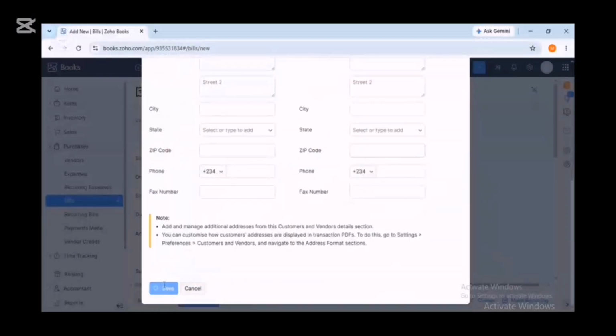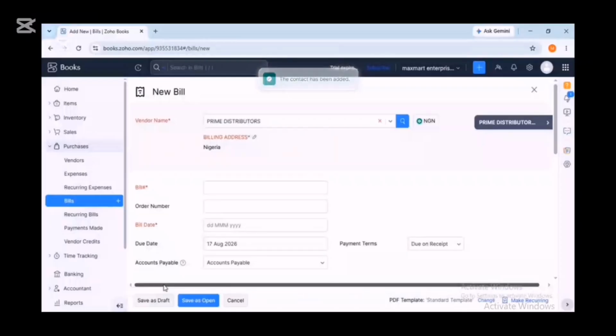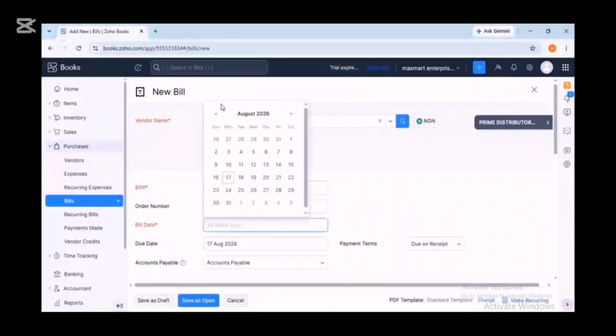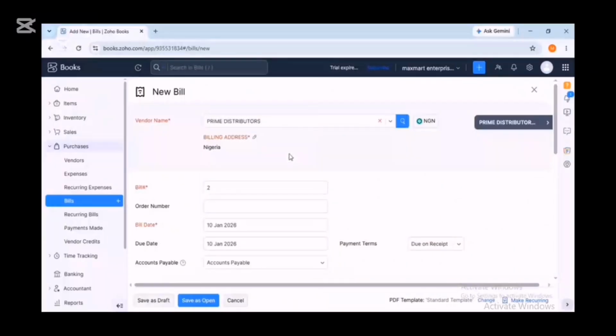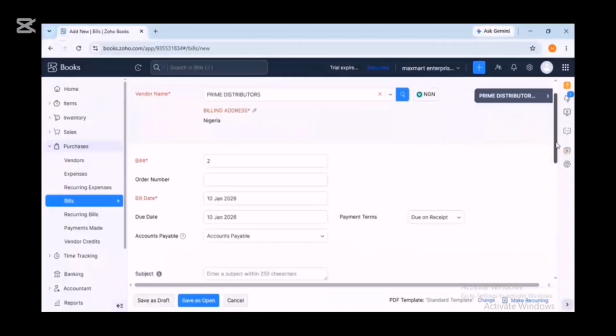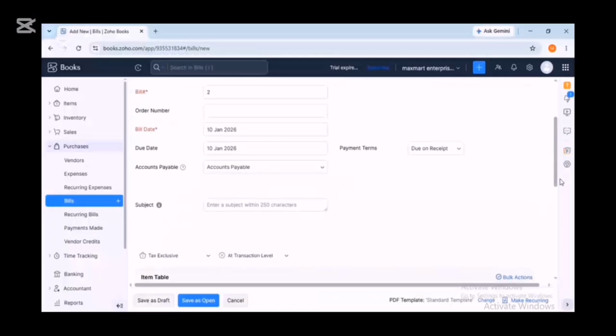So let's save. Good. So now let's enter the bill number, then the date which you are backdating. We put it 10th of January 2026. So it's definitely an account payable for now.